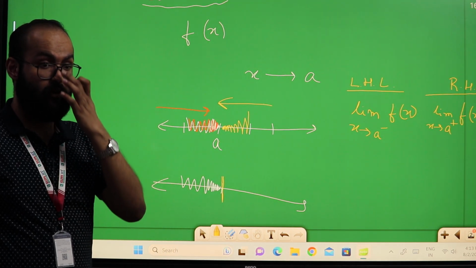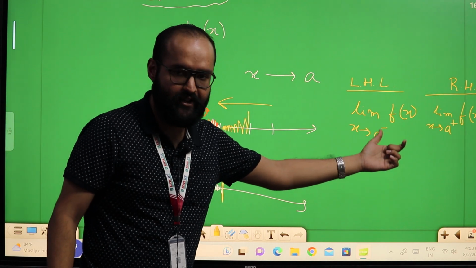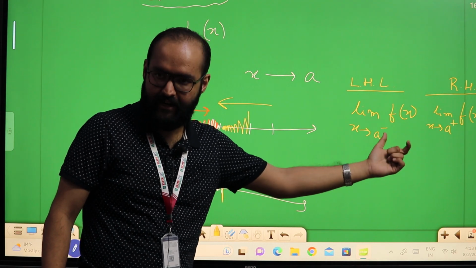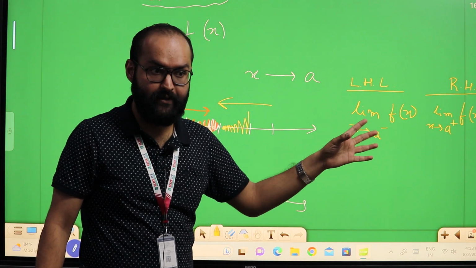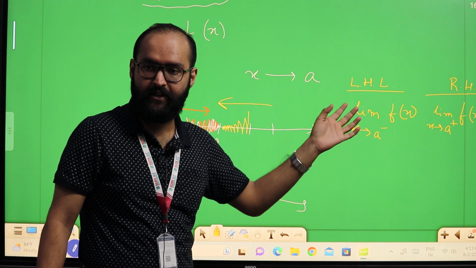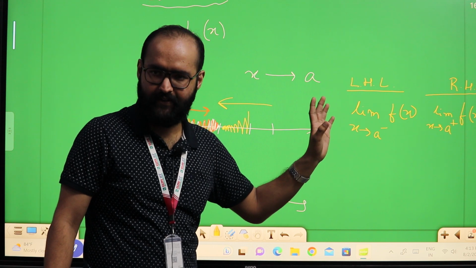When the left hand and right hand limits both exist. Sometimes it may happen that the limit values may not exist. They may go to infinity, they may be undefined, they may not exist.